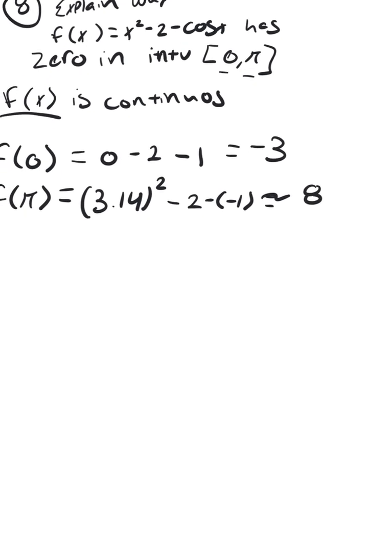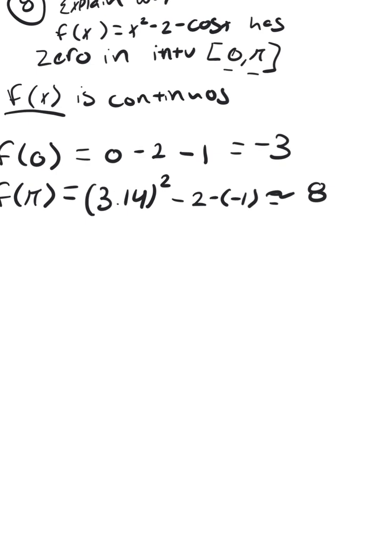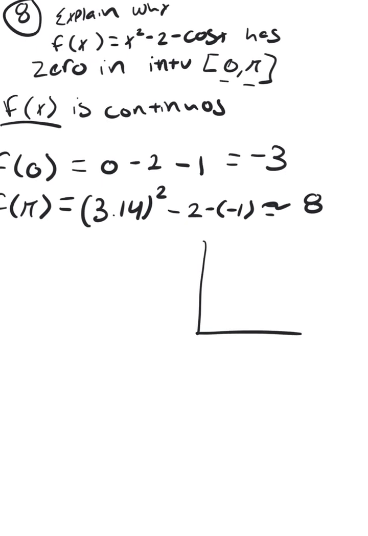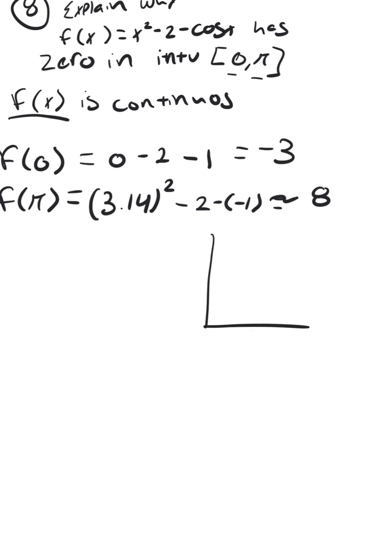So now we apply the intermediate value theorem, which says that if the interval is closed and f of x is continuous, there has to exist a 0 between the 2 points. So let me draw it out for you.